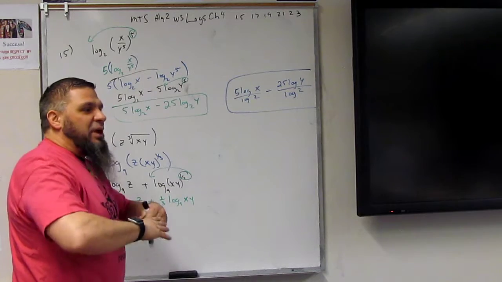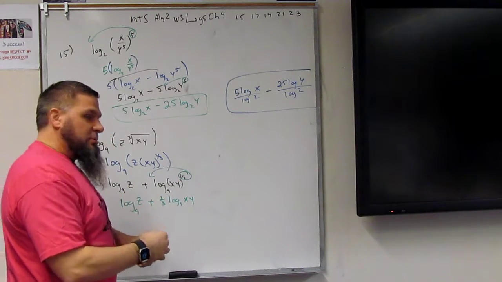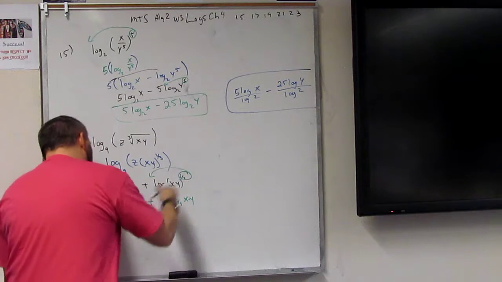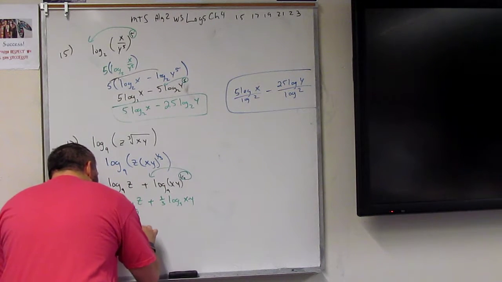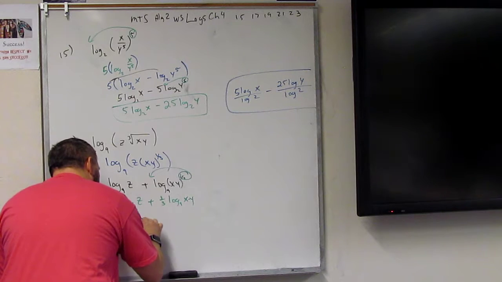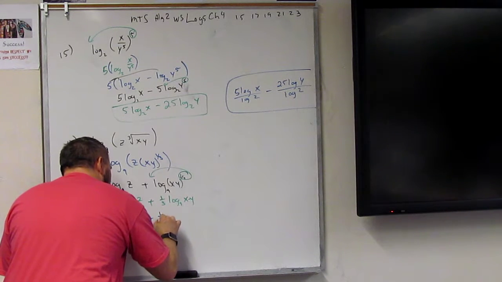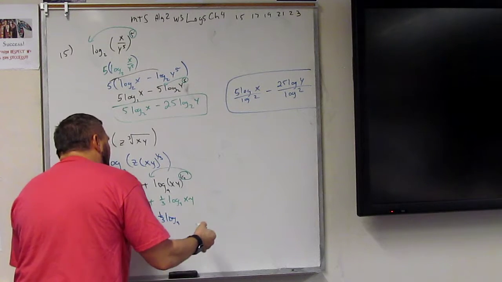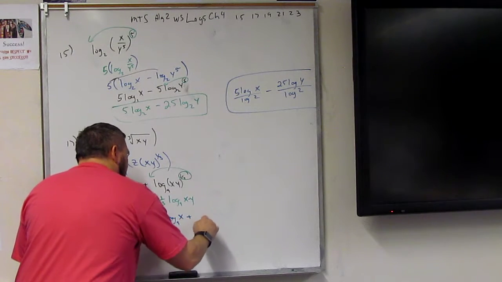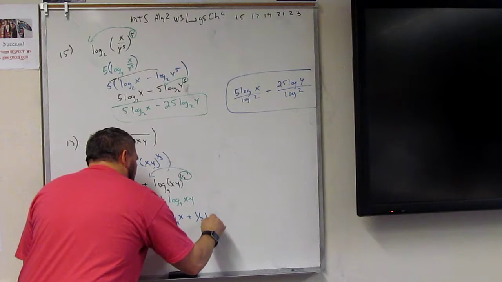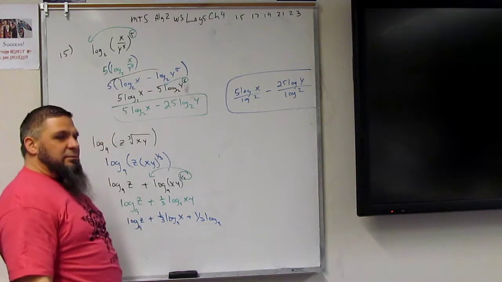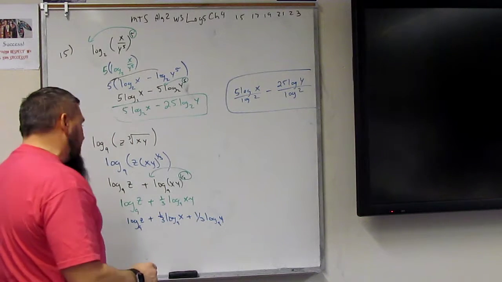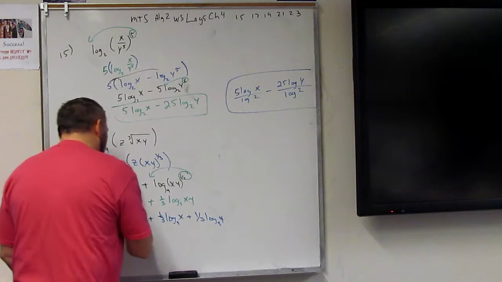Now, I can spread the xy out. Okay? So that's a times, it just becomes plus. So, log base 9 of z plus 1/3 log base 9 of x plus 1/3 log base 9 of y. Okay? And that's what they're looking for.